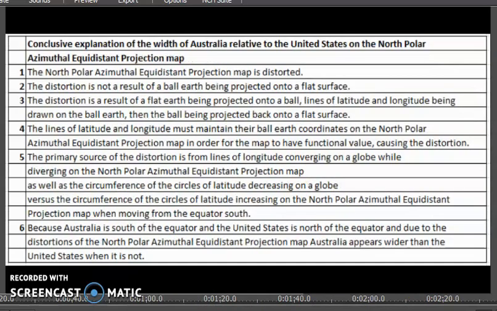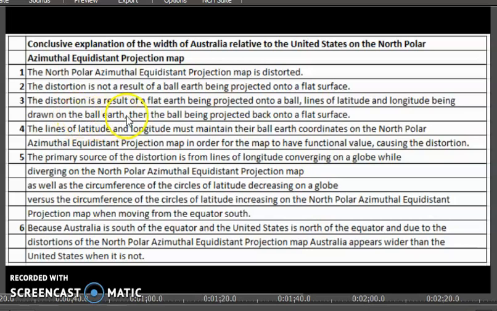So, in conclusion, the North Polar Azimuthal Equidistant Projection Map is distorted. So this is a conclusive explanation of the width of Australia relative to the United States on the azimuthal map. The North Polar Azimuthal Equidistant Projection Map is distorted. The distortion is not a result of a ball Earth being projected onto a flat surface.